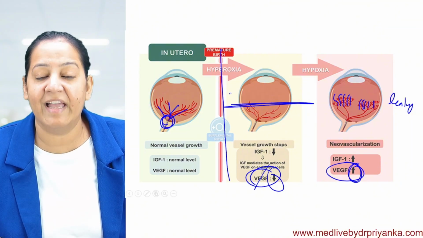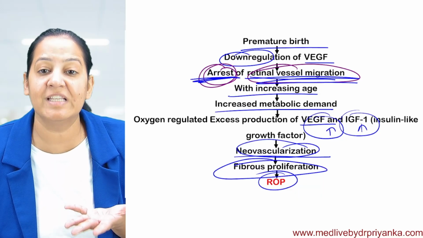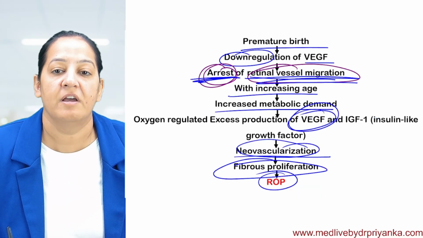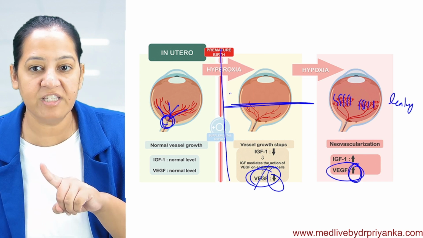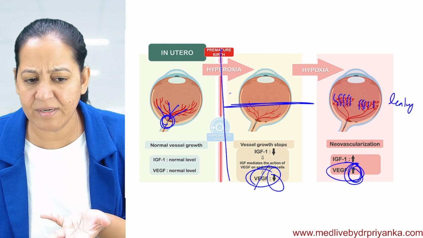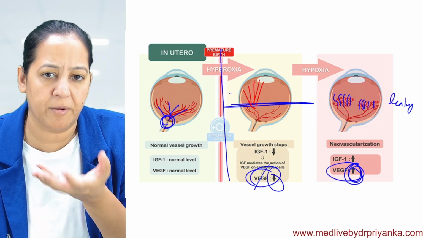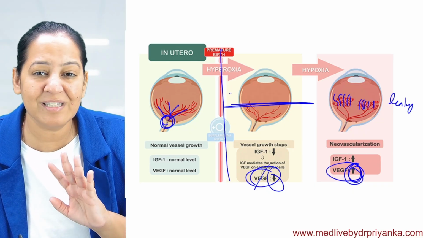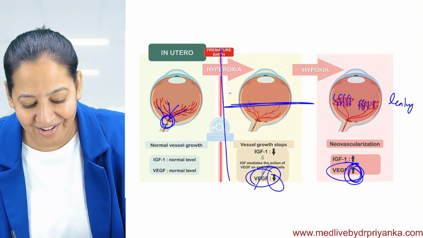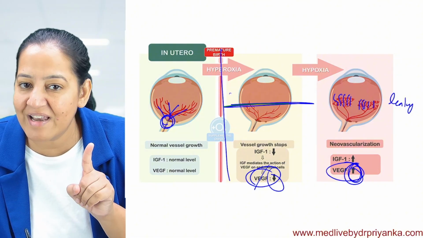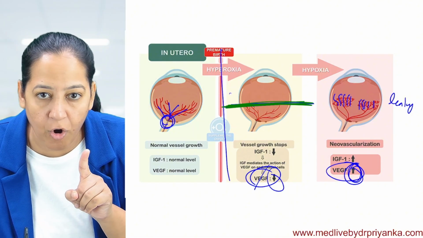With increasing age later on, there will be increased VEGF as a compensation for increased metabolic demand. Now VEGF is increased. You will say, ma'am, now these blood vessels should continue their migration. No, these retinal blood vessels once halted will never start regrowing or migrating again.